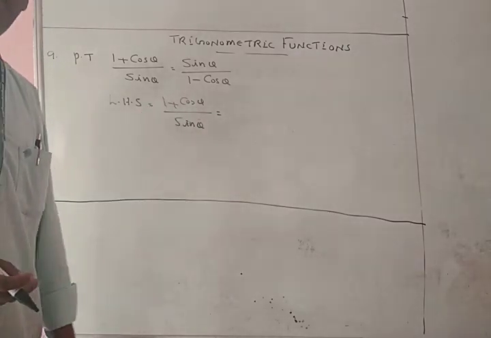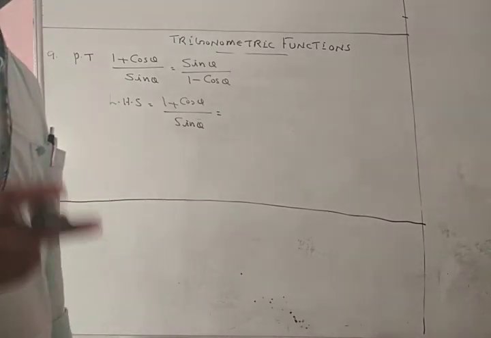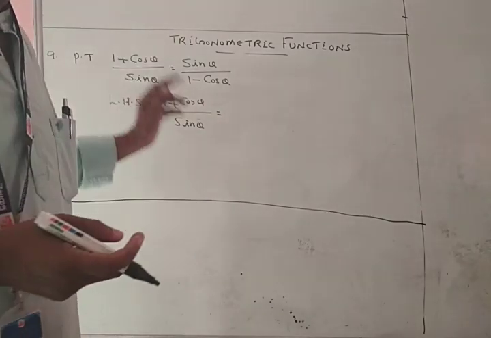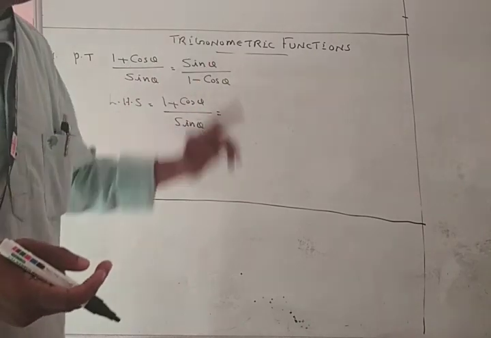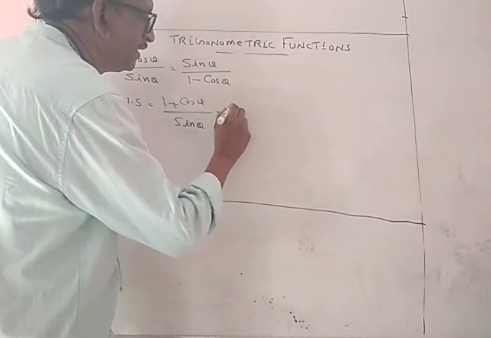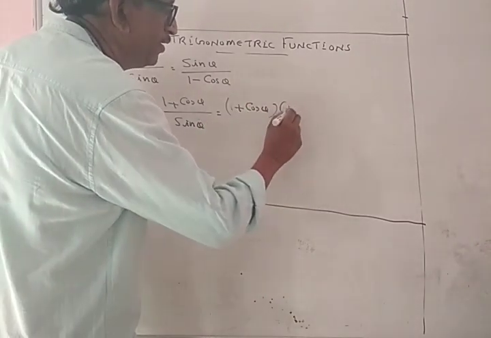Conjugate of 1 plus cos theta is 1 minus cos theta. Therefore multiply the numerator and the denominator by the conjugate of the numerator. Numerator is 1 plus cos theta, conjugate of 1 plus cos theta is 1 minus cos theta. Therefore multiply 1 minus cos theta in the numerator and the denominator.